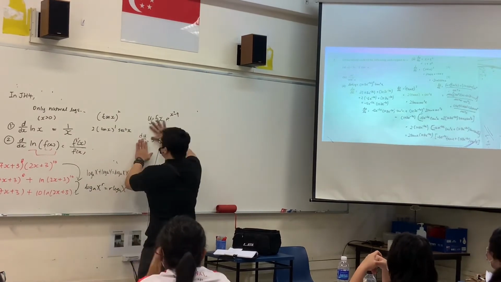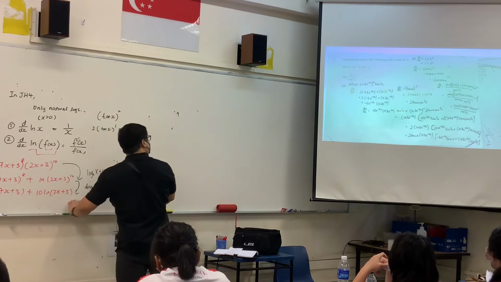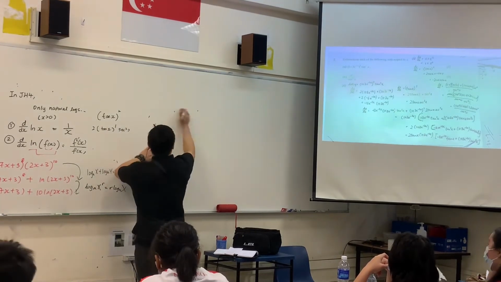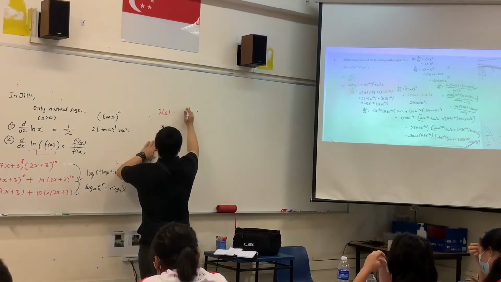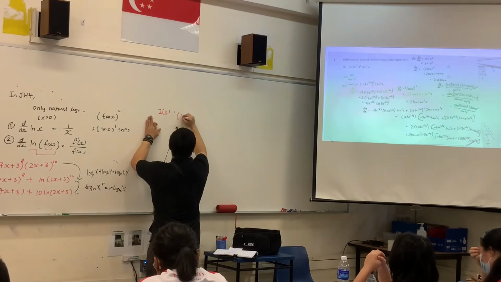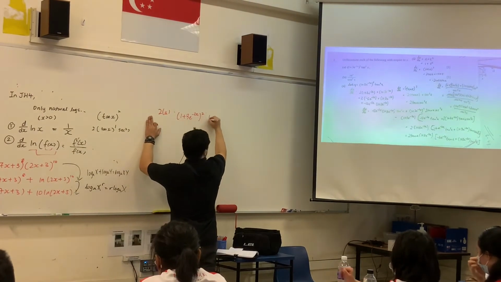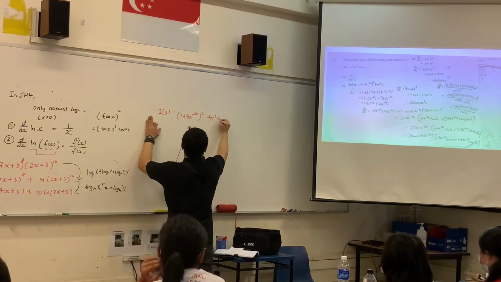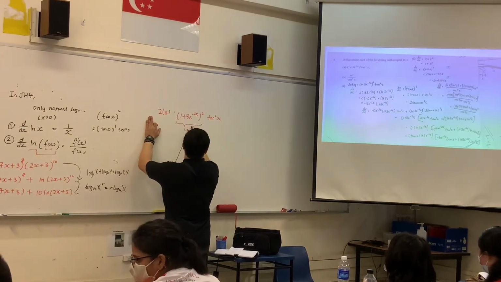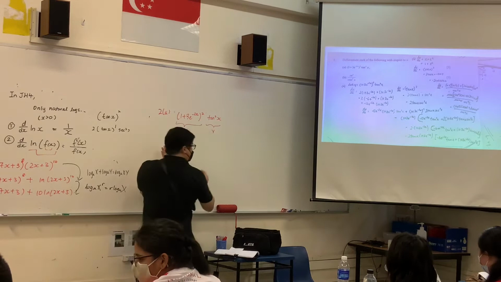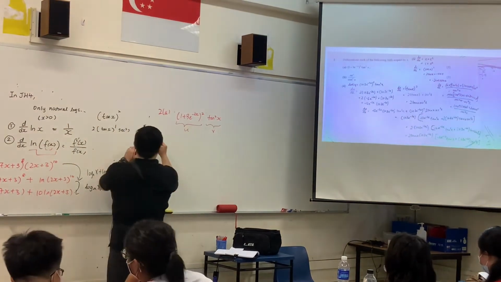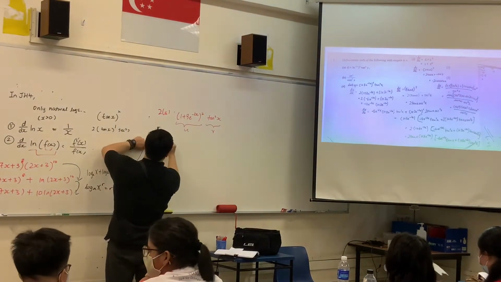Let me go through question 2A. For 2A, you have (1 plus 3e to the power minus 2x) to the power 2 times tangent square x. Let this be u, let this be v. Prepare your ingredients first before you cook.